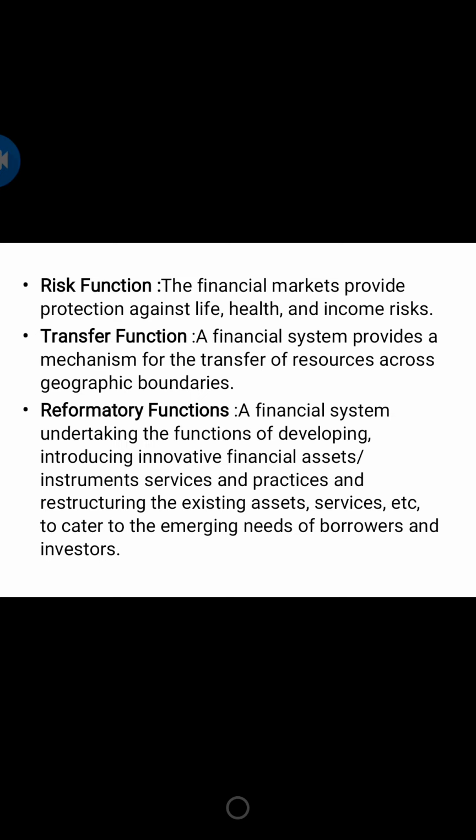Here the financial system in India performs the risk function. How does it perform the risk function? They say the financial market provides protection against life, health and income risk.